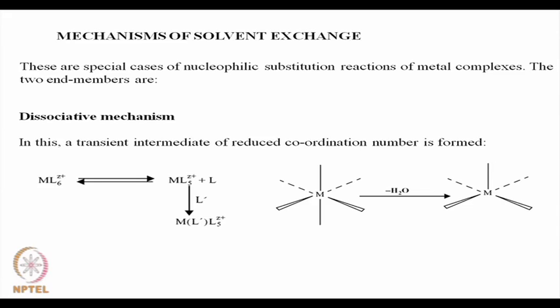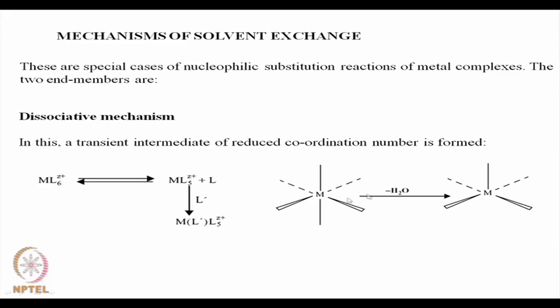In this case, a transient intermediate of reduced coordination number is formed. So, this is one member, this is another member, and water has been taken off. So, it is ML6^Z+ with 6 ligands, then ML5 with the same charge plus a ligand, then adding another ligand you again have 6 ligands. Of course, the other ligand is L'.